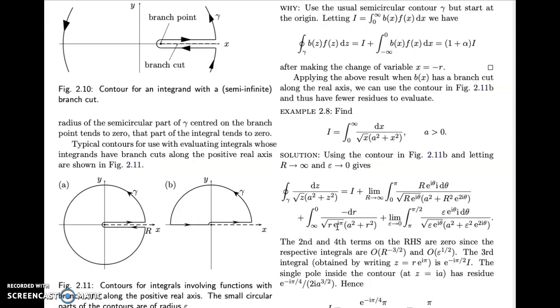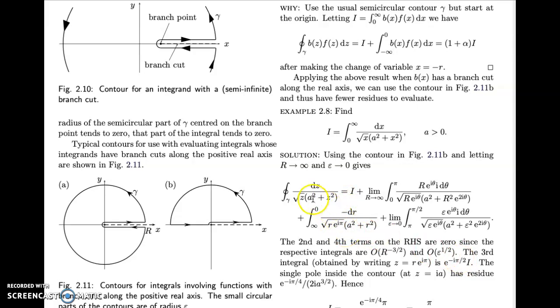So you've got an i on the bottom, which you can also write as e to the minus i pi by 2. That's the same as 1 over i, or minus i, same thing. So this is simply e to the minus i pi by 2 times i.